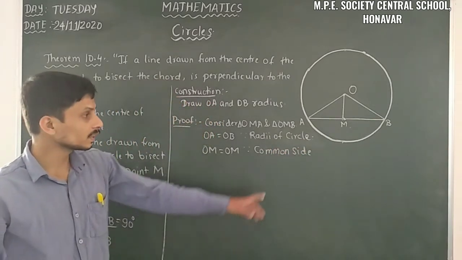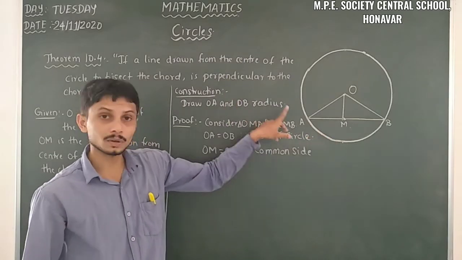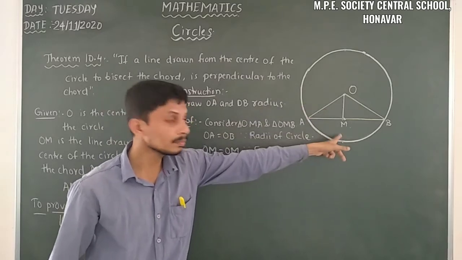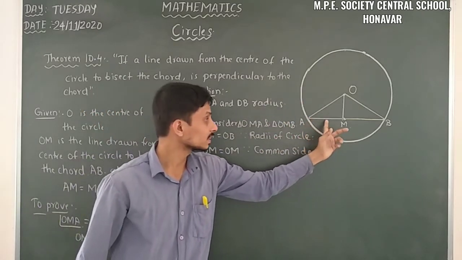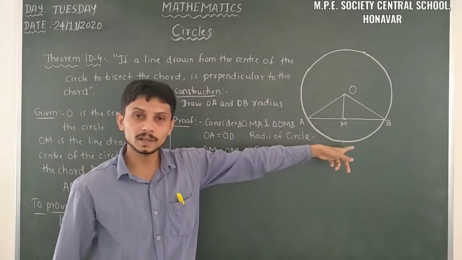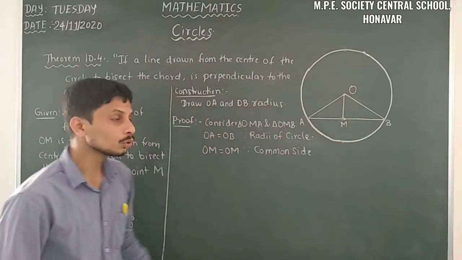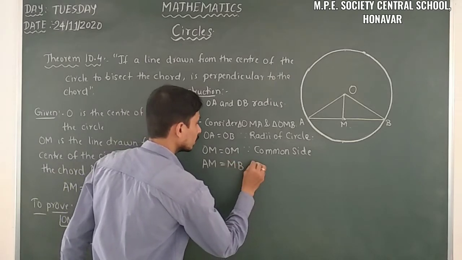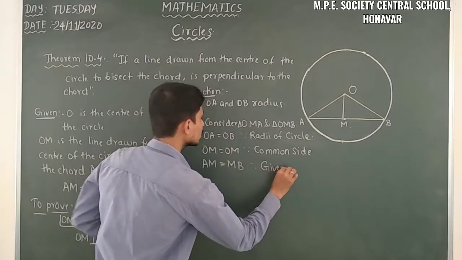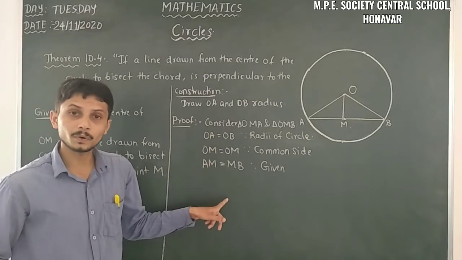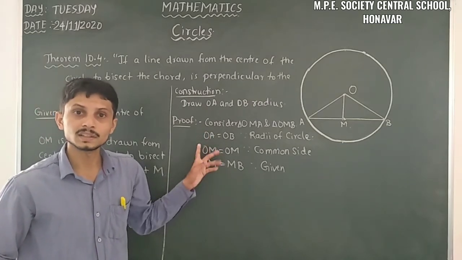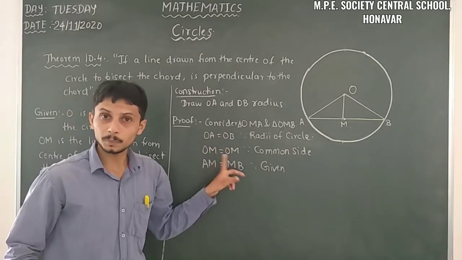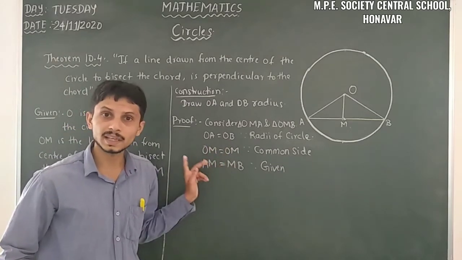Also it is given that OM bisects AB into two equal parts at the point M. So we have AM is equal to MB because it is given. Just observe, in the two triangles, three pairs of corresponding sides are equal.